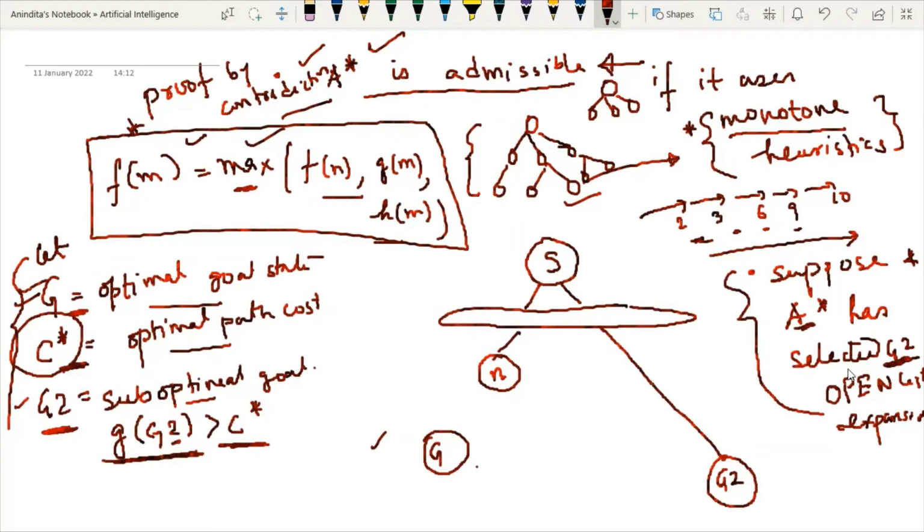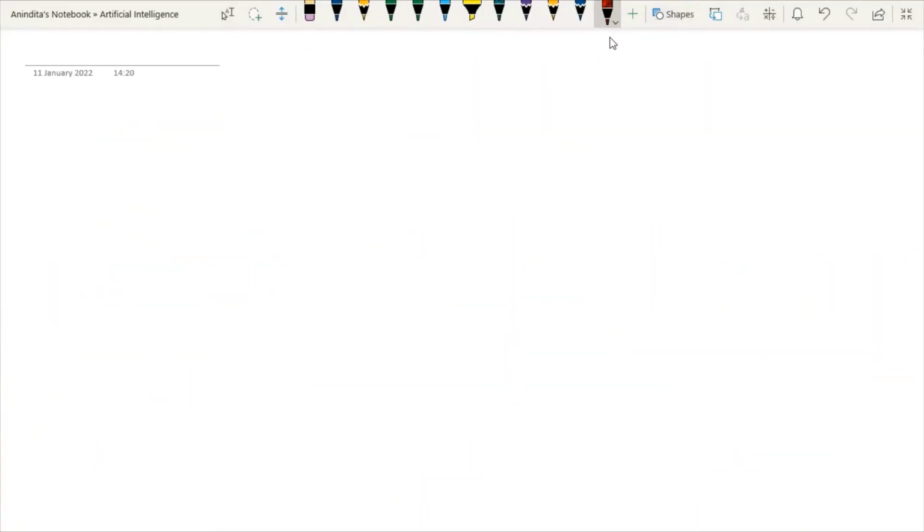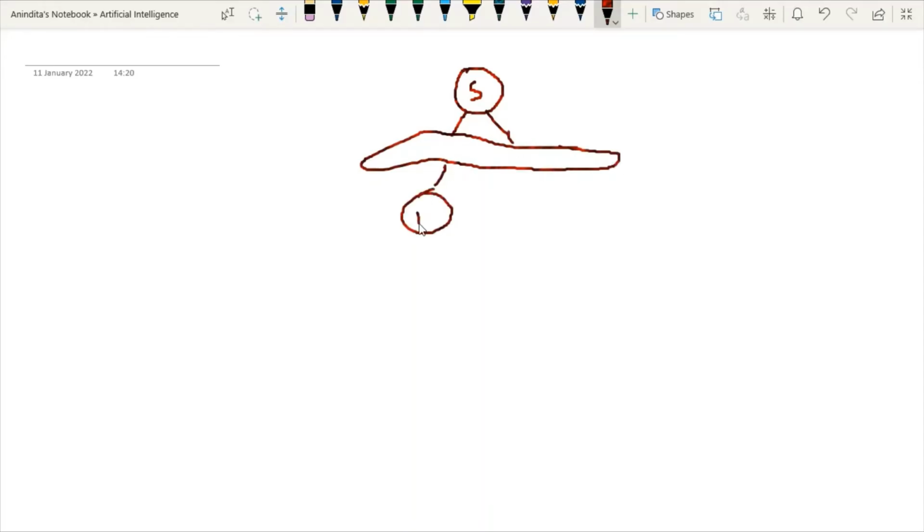Right? Now we will proceed to the proof. I'm just drawing the graph again. So this is the graph. And since it is an incomplete graph, this part is not there. Say this is the goal G and say this is the suboptimal goal G2.